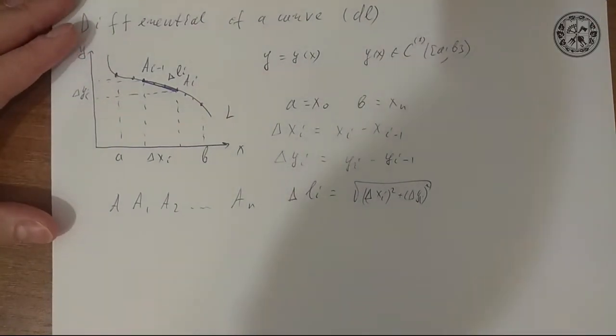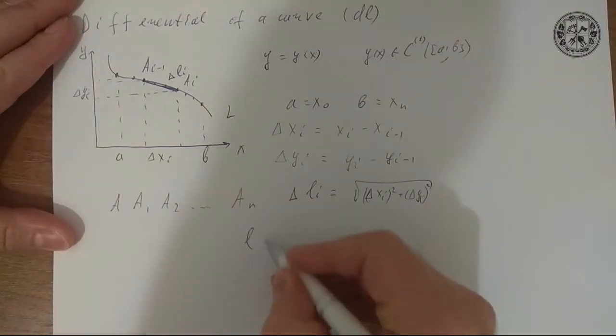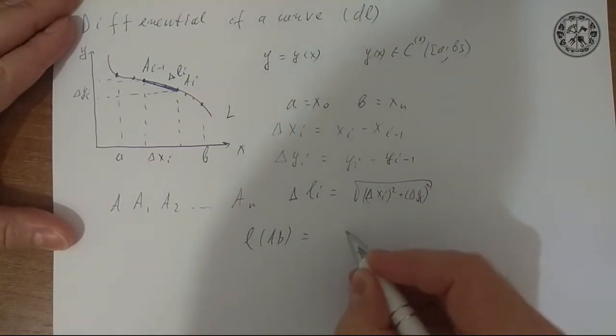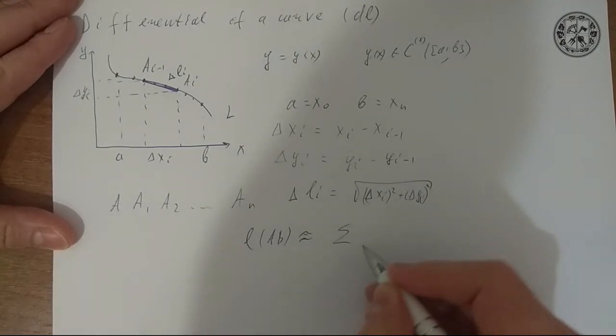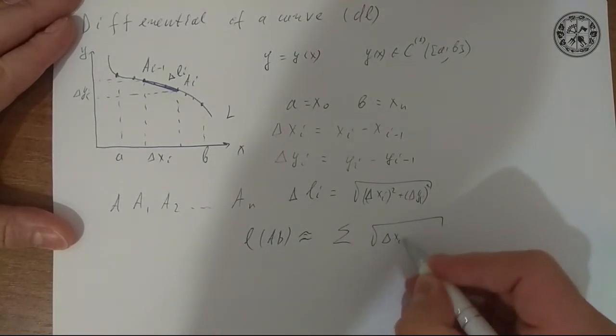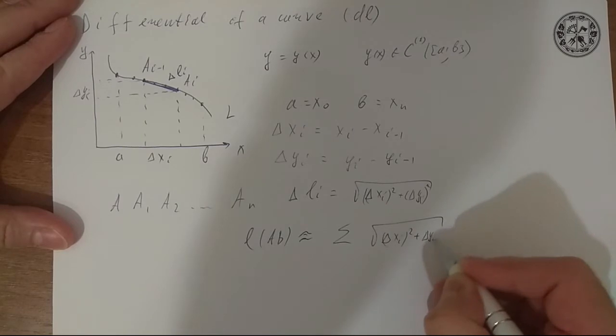So, summing up everything, we get that L of AB will be approximately the sum of square root of delta xi square plus delta yi square.